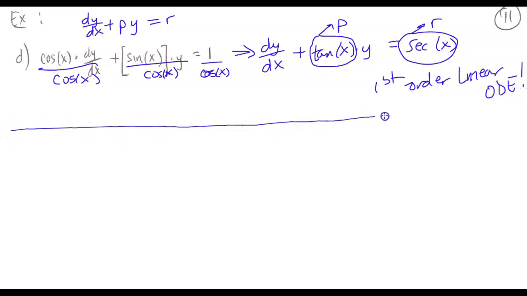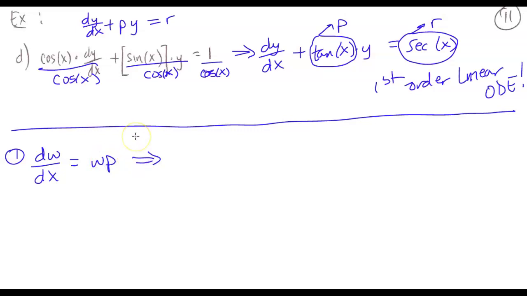All right, so now that we've established that, we can go ahead and solve. Our first step is that the derivative of w with respect to x is going to be equal to w times p. And again, we already know that this essentially means that we're going to find the integrating factor.